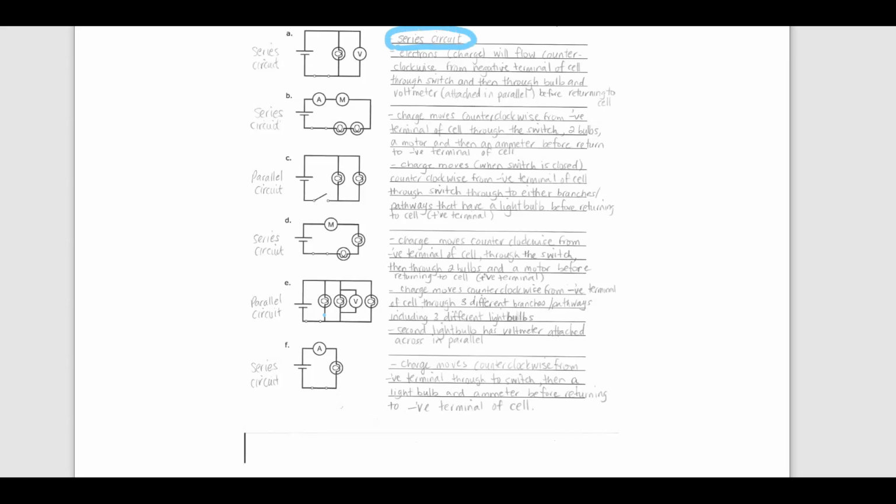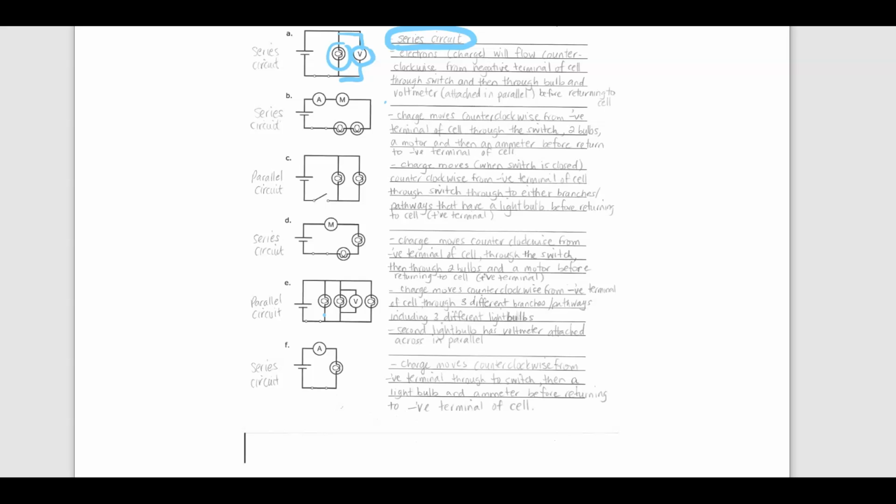It's a series circuit in which the voltmeter right here is drawn across this load, across the light bulb. And that's how voltmeters are drawn in circuits and placed within real circuits. They have to be placed across whatever they are measuring.